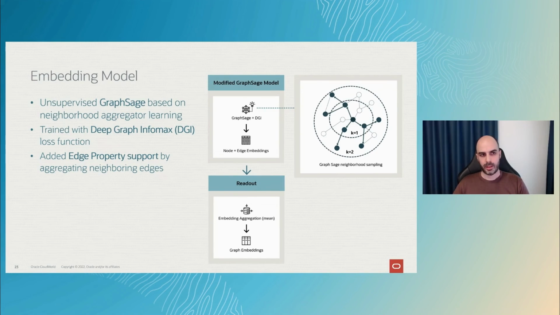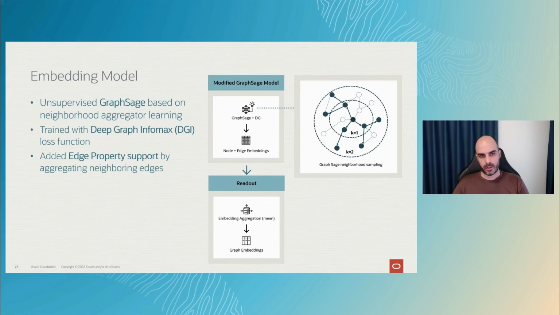Then we train these models with Deep Graph Infomax, which helps us discover structural similarities across the whole graph instead of just one particular neighborhood. So if you have a larger graph, you can incorporate more of the graph using that solution.